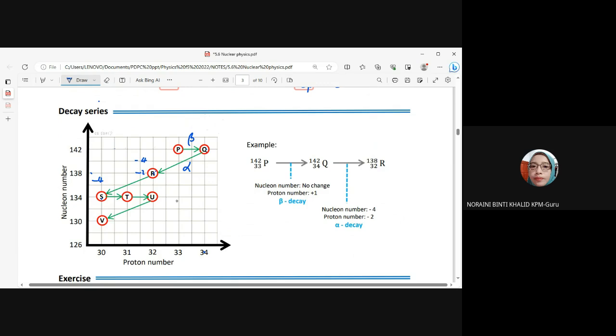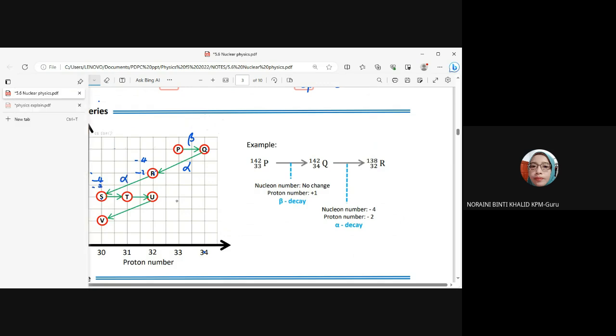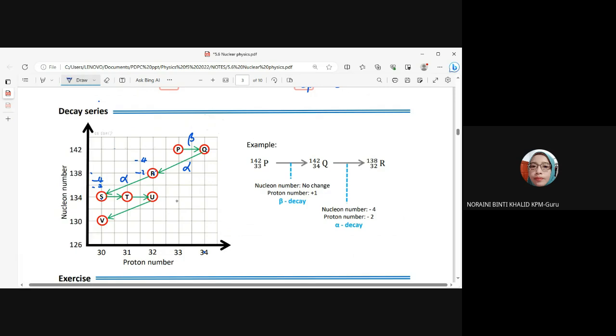And then the proton number also reduce 2. So means here also 1 alpha. And then S to T, no change in nuclear number. The proton number increase by 1. So ini ialah beta. T to U, no change in nuclear number. Proton number increase by 1. So beta. And then U to V.